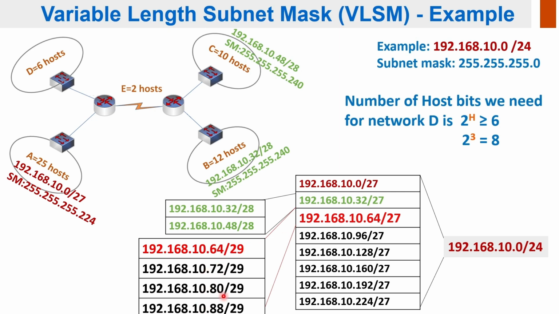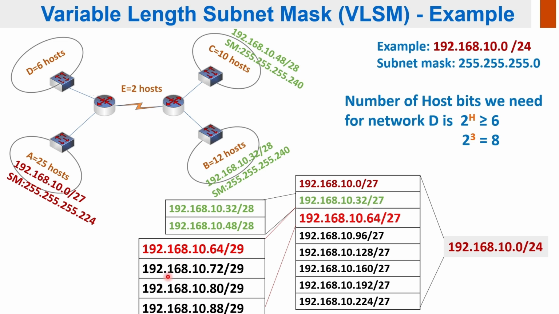And again, how do we get the subnetworks? Our base network and then add up the block size. Block size is 8. So 64 plus 8 is 72, 72 plus 8 is 80, 80 plus 8 is 88, right? So we got all 4 subnetworks.